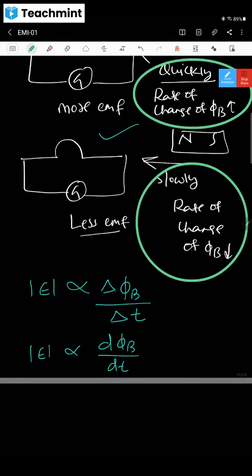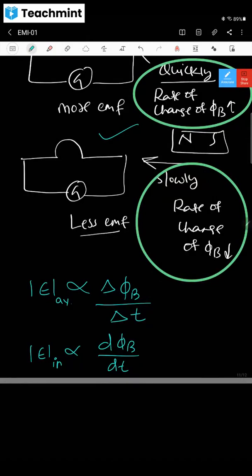Actually, if you write delta, it becomes average. And if you write d phi B by dt, it becomes instantaneous. What is this average and instantaneous? We'll talk about this. You must have already talked about this in the 11th class also. Differentiation means instantaneous, and delta means change, so then it becomes average.